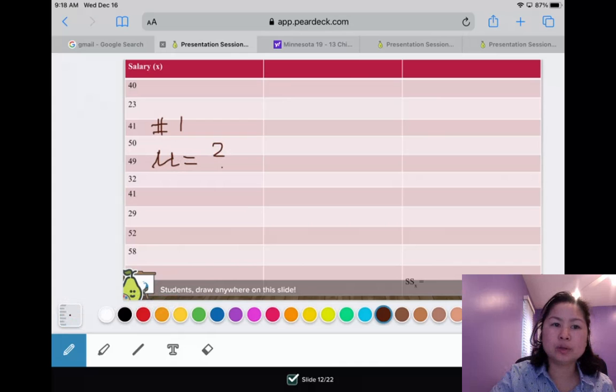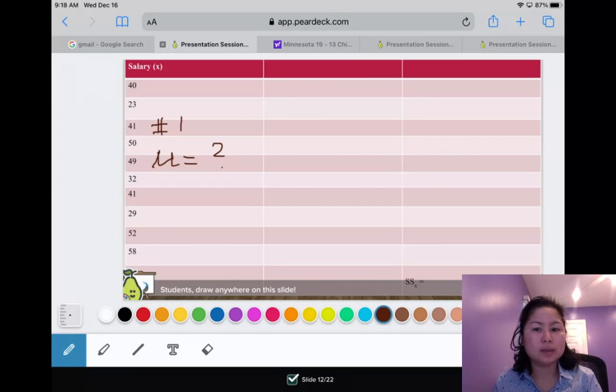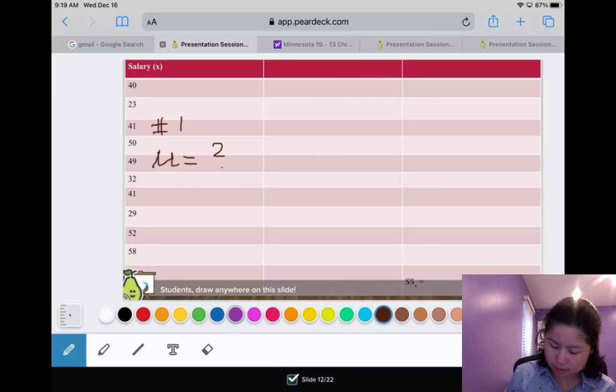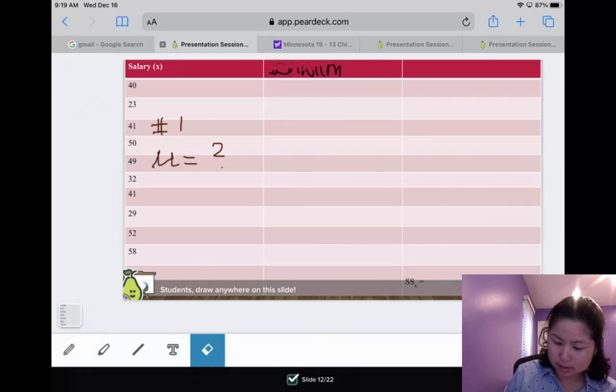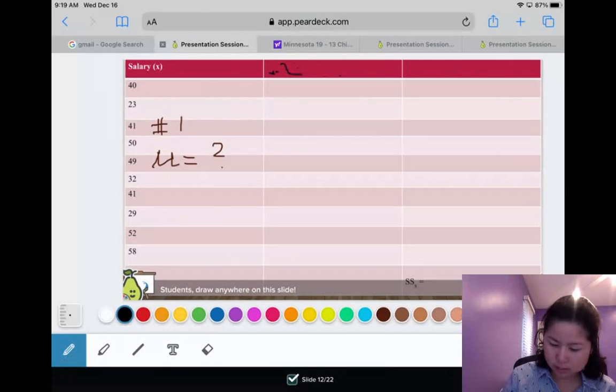Step number 2, I'm going to remind you of the step, and I'm going to ask you to practice. I will check in and look at the product, or if you do it on a piece of paper, that's fine. Send it to me so I can take a look. This is the deviation. For the second column, to find the deviation, you take the values, x minus the mean.